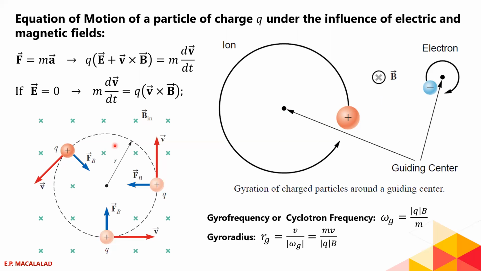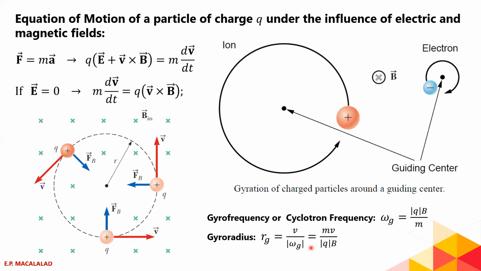Several things that we can define using this discussion. Number one is what we call the gyro frequency, or cyclotron frequency, omega, and that is equal to the magnitude of the charge times the magnetic field strength, divided by the mass of your particle. And the gyro radius is equal to the mass of that particle times the speed of that particle, divided by the charge of that particle and the magnetic field.